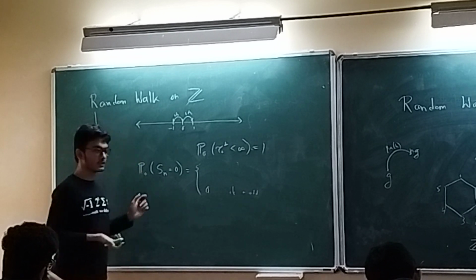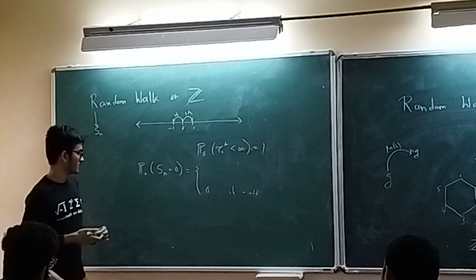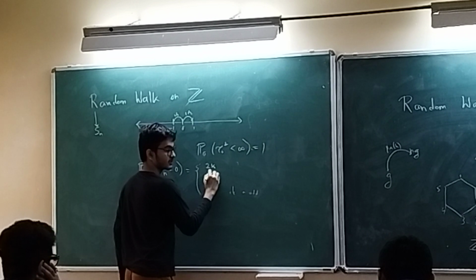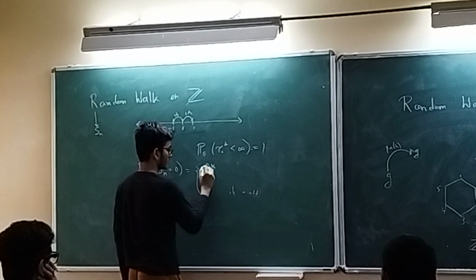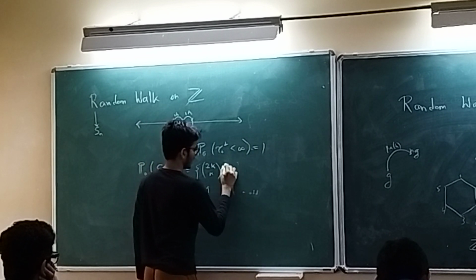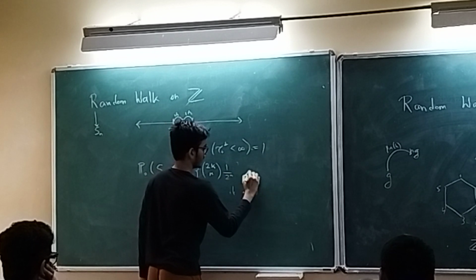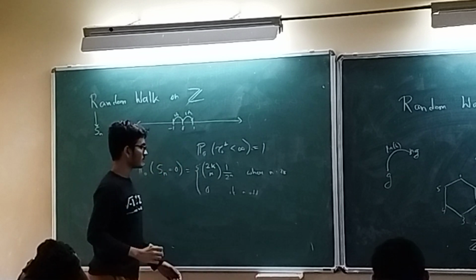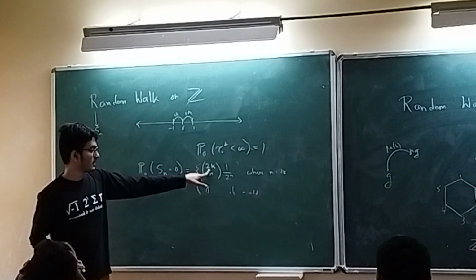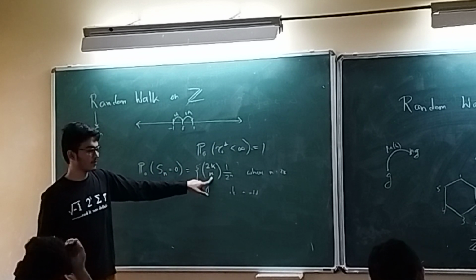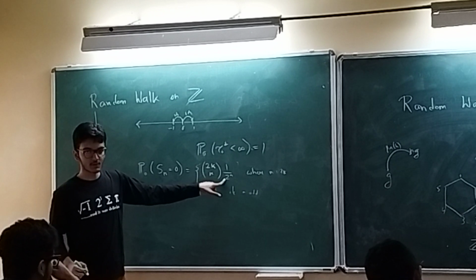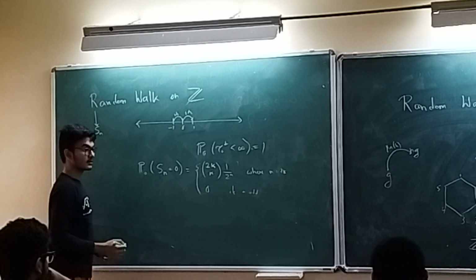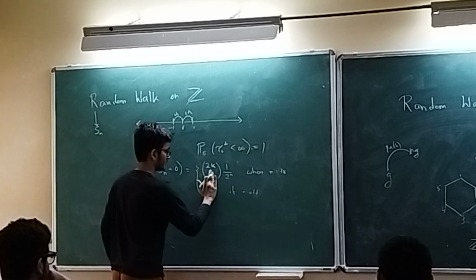If it wants to reach 0 in 2k steps, it needs k plus 1s and k minus 1s, each step happening with probability half, and that is C(2k, k) over 2 to the 2k.